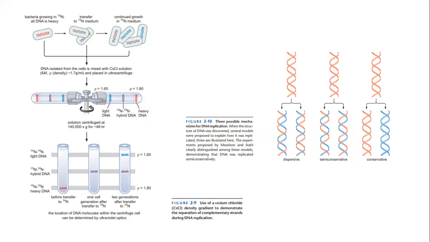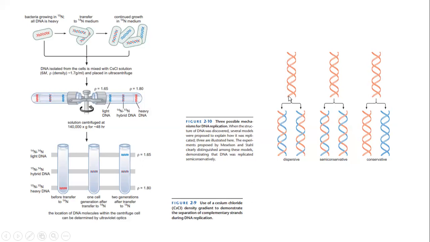Here in this picture, these are the parental strands, and both will remain together during replication, and the new strands will be synthesized and given to the other. So here, this is conservative. Here, it is semi-conservative. Half will be conserved.